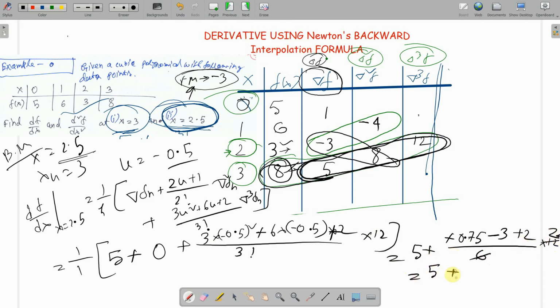So 5 plus, how much is coming for this? -1 minus 0.25 into 2. So 5 plus... 5 minus 0.5 is coming. So 4.5. So 4.5 is the result.